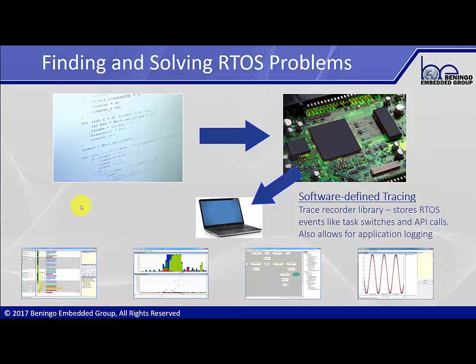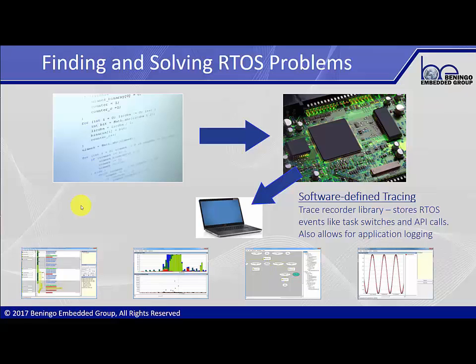So what we end up doing is setting up a trace recorder library along with the RTOS inside of an application, and then whenever something like a thread changes, so we go from maybe blinking a blue LED to blinking a green LED, or maybe we initialize a new thread in our system, that is where we're going to have an event occur, and that will be recorded.